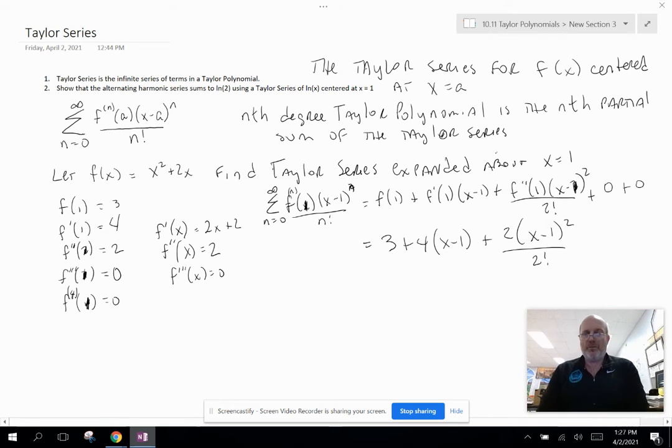But that is the Taylor series expansion. So really and truly, what this should equal when we get finished is the original function. A Taylor series expansion of a polynomial should be the polynomial itself.